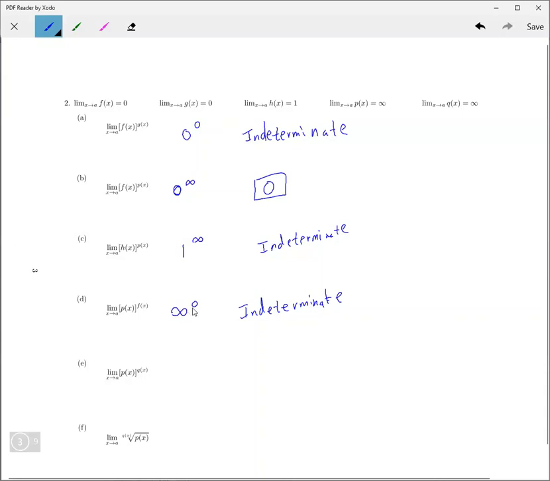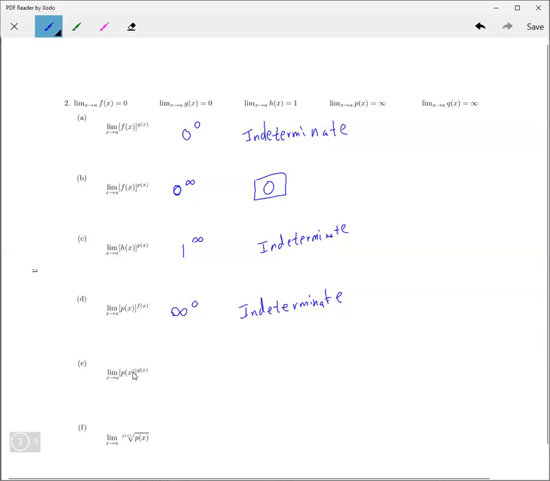But it's important to realize that it's not taking infinity to the 0. It's really a limit: something approaching infinity raised to something approaching 0, and seeing what happens. So if this is going to infinity very slowly and this is going to 0 very quickly, then this could be just 1. But on the other hand, if it's going to infinity very quickly and this is going to 0 very slowly, it could end up being infinity, or anything in between.